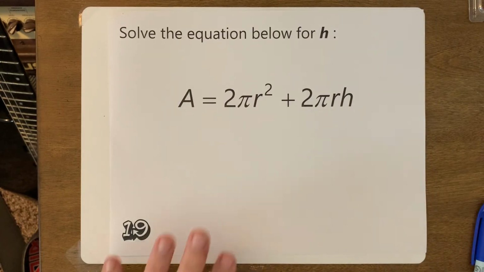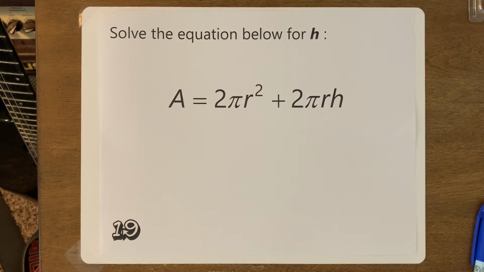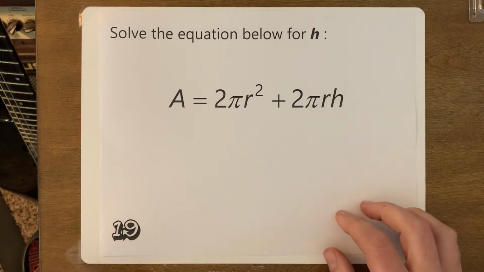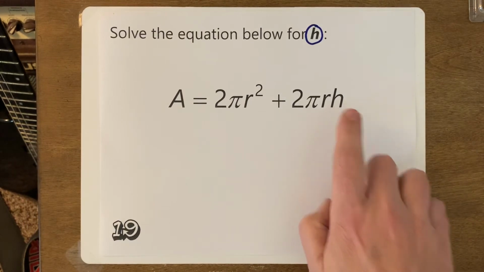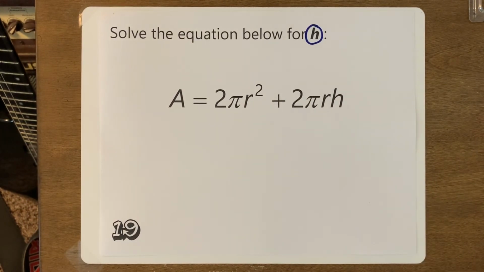Okay, here's a good one. Here we have what looks like the surface area of a cylinder. Not that it matters, but we want to get h by itself. There's a couple things I could do.